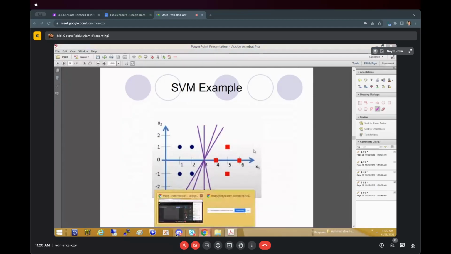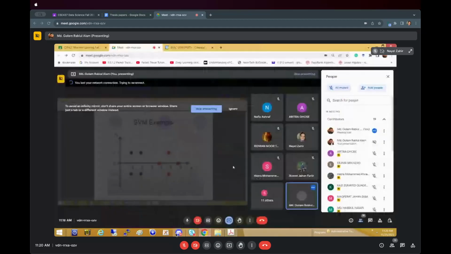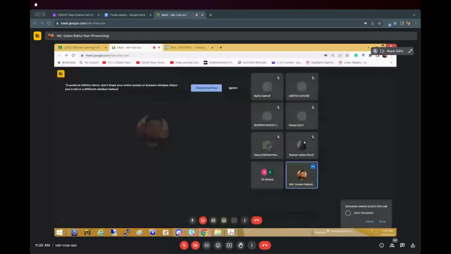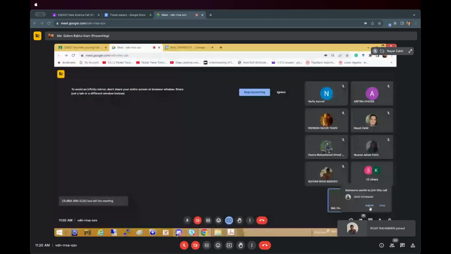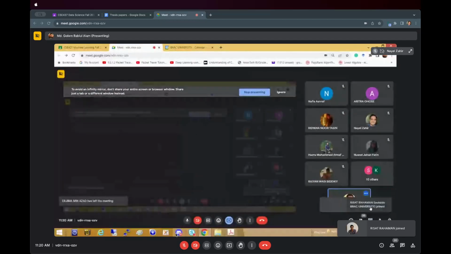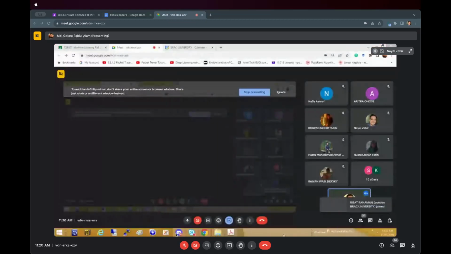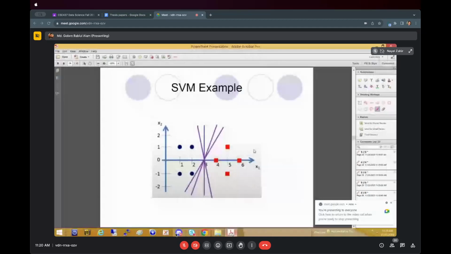And as we have just two-dimensional data, in this case the hyperplane will be just the line. So now which one will be our perfect hyperplane, or we can say the optimal hyperplane.